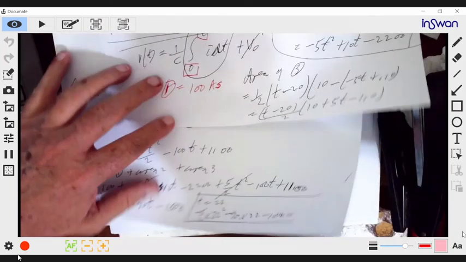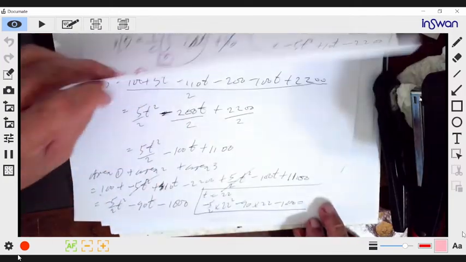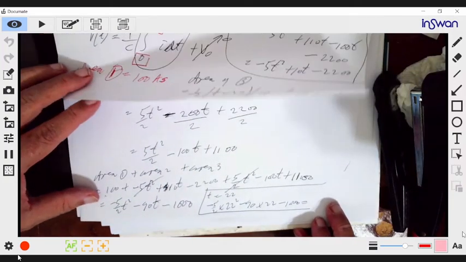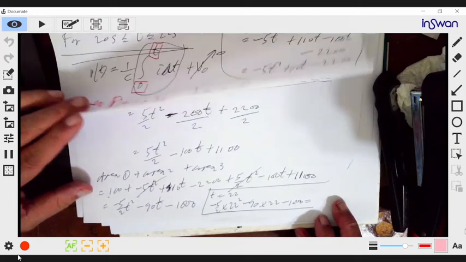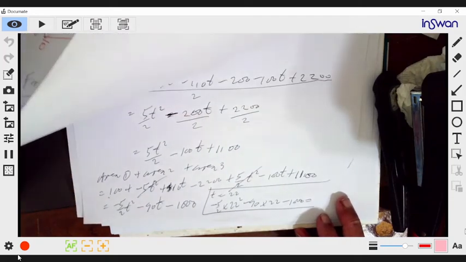And I've got an error here, because the area is negative, and clearly the area is not negative. So I made an error somewhere.